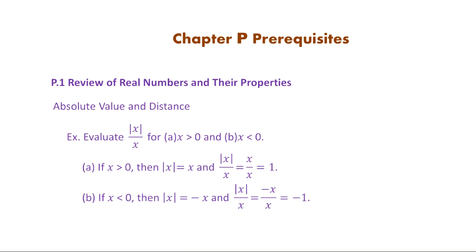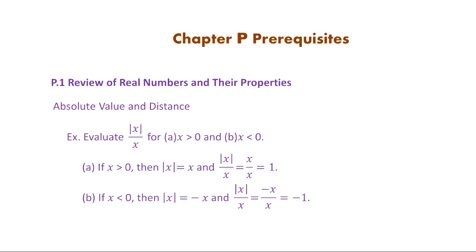Case A, when x is positive. So x greater than 0, that means x is positive. And B, x less than 0, that means x is negative. So how do we do that? For A, if x is greater than 0 or positive, then the magnitude of x, or the absolute value of x, is just x itself.